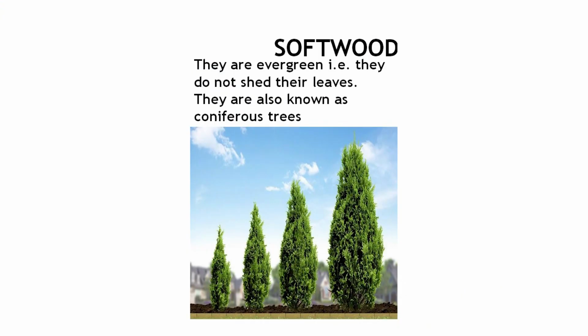Now, we look at their ways of shedding their leaves. For softwood, they are evergreen. When you go to a place where you can find softwood trees, you'll notice one thing.